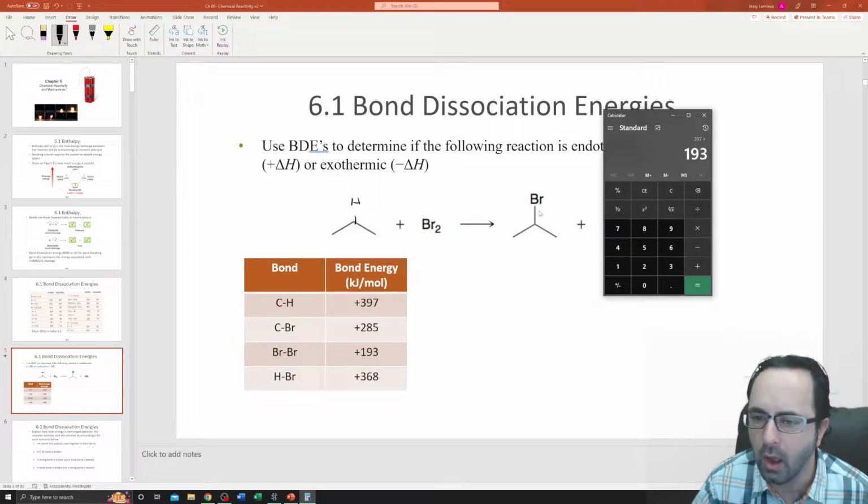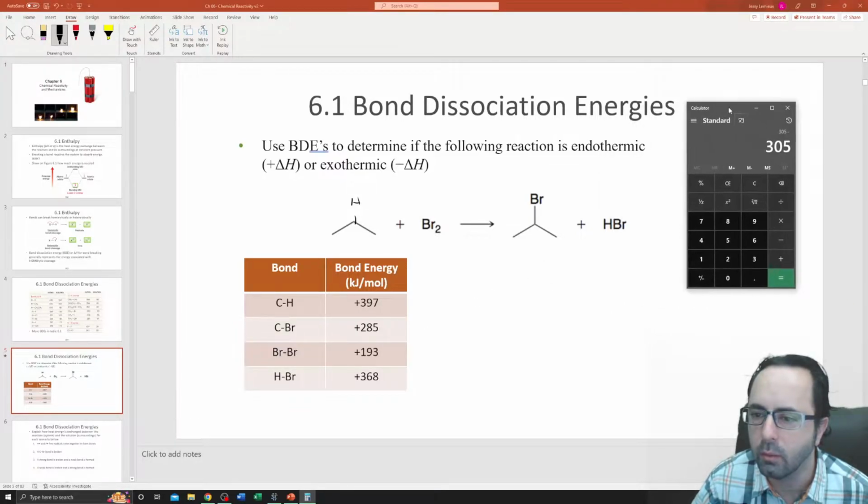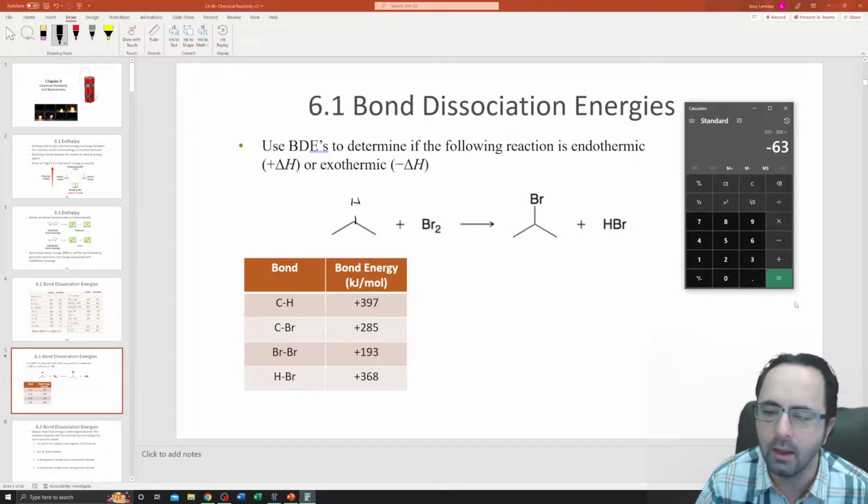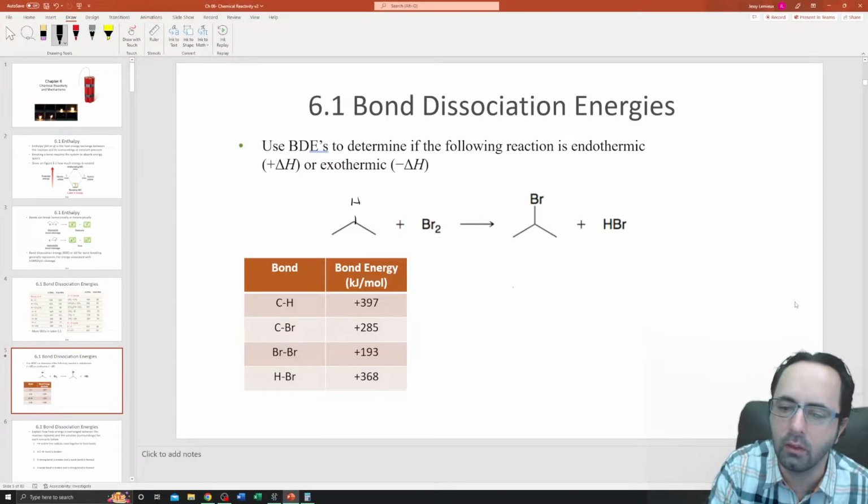And we're going to subtract the energy released when a carbon-bromine bond is formed, so minus 285. And we're going to also subtract the energy that's released when a hydrogen-bromine bond is formed, 368. And so we get negative 63. And so the delta H of this reaction is negative 63.